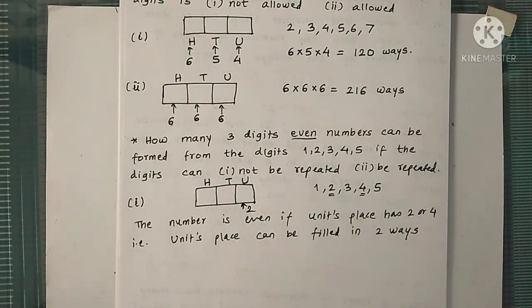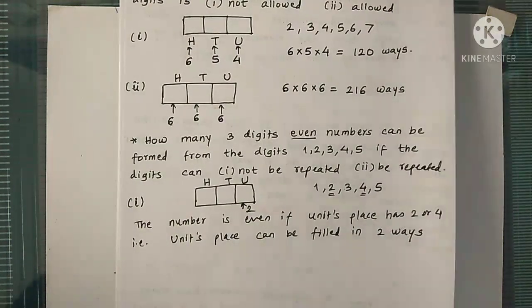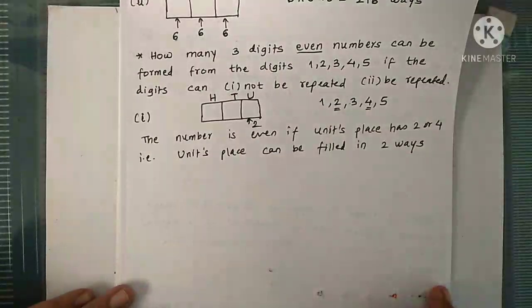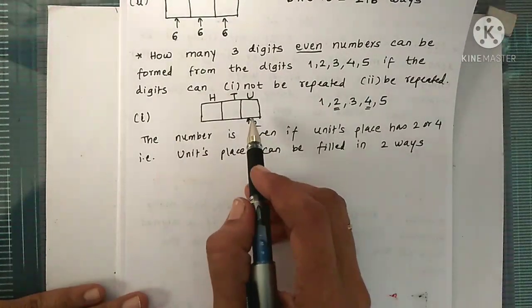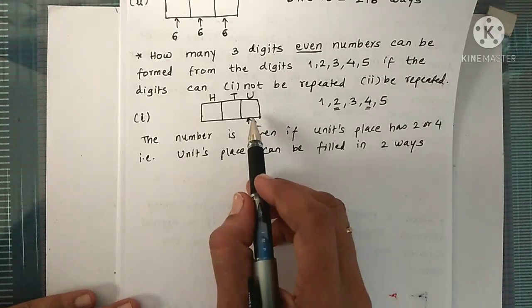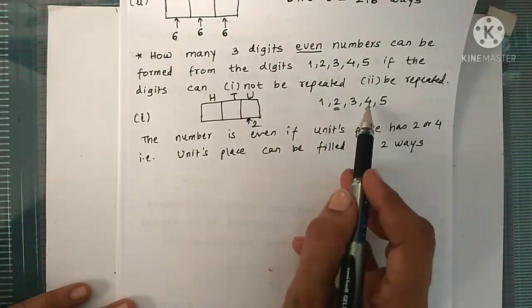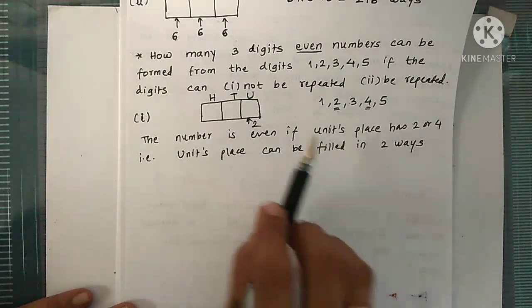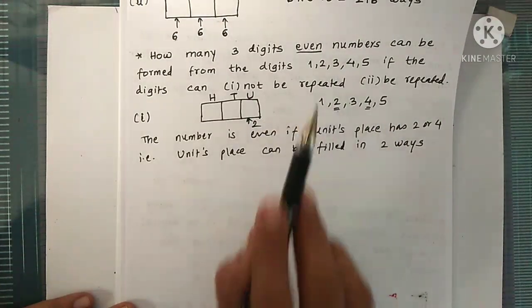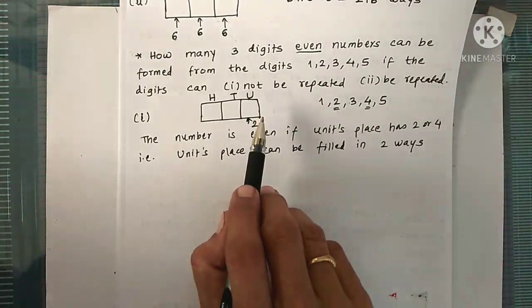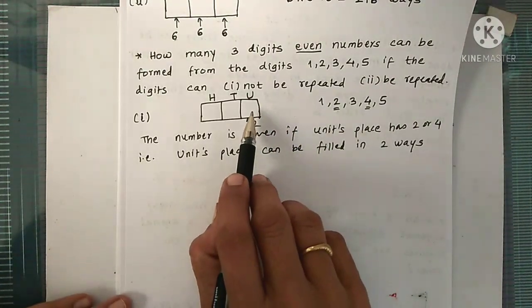Okay. So whenever we have a condition for any place, we have to fill that place first. See here, the condition is on units place. So I am starting with units place. So units place can be filled in two ways, either using 2 or 4. Now the repetition is not allowed and this units place is filled now. So we have either used 2 or 4.